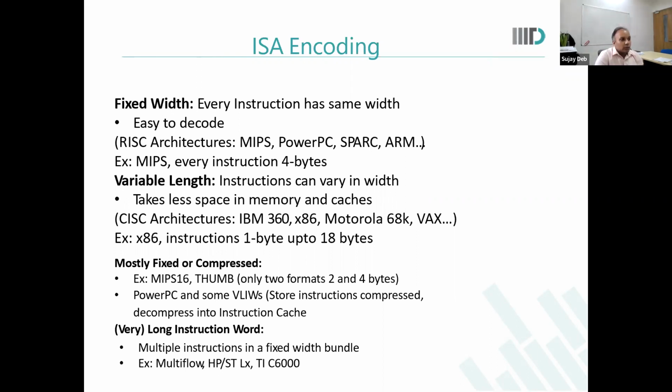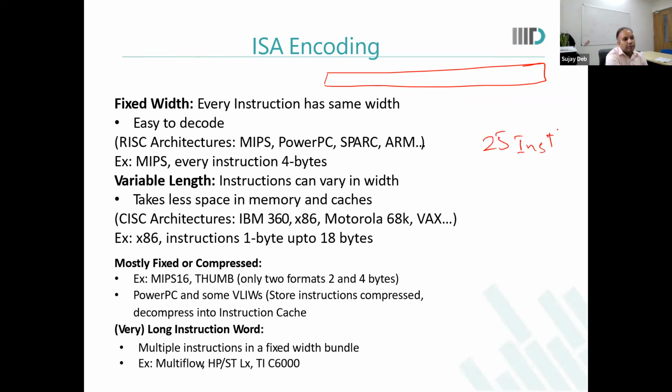If every instruction is of the same width, then it's much easier to decode. Okay, we can look at one example. Let's say I have a 32-bit instruction. Hypothetically, the ISA I'm looking at has, let's say, 25 instructions.